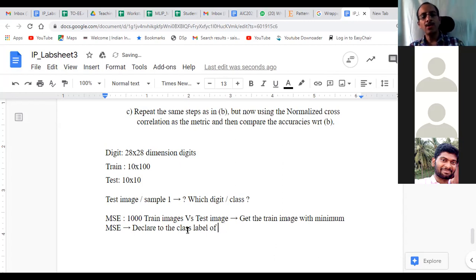What we essentially do is get the train image with minimum mean square error and assign the class label of that image to the test image.